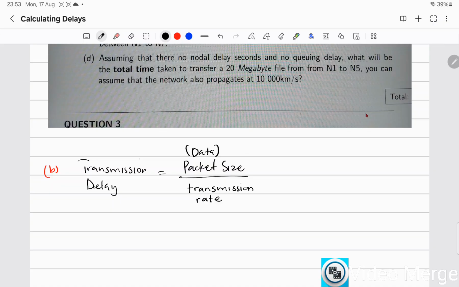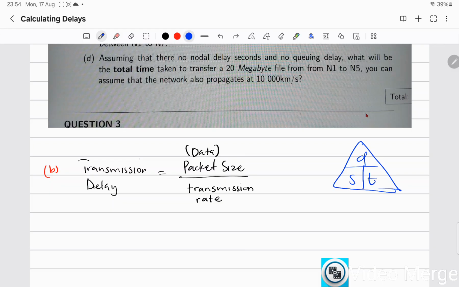Those who did physics, this is similar to what we had in physics, right? Whereby we know that if you want to get the time, which is our delay, it's going to be distance over speed. But if you want the distance itself, it's going to be time multiplied by speed, right?